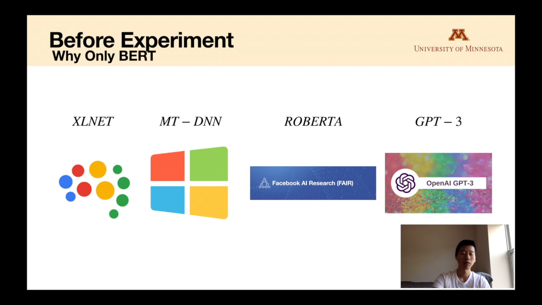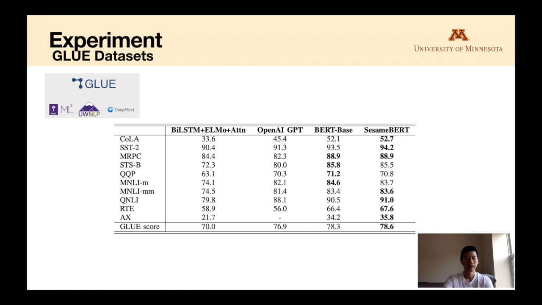So we didn't incorporate that work in our paper. I believe the work to compare with other models could be done in the future. But in this paper, we just focused on our architecture improvement via BERT. Okay, now let's get back to the experiment.